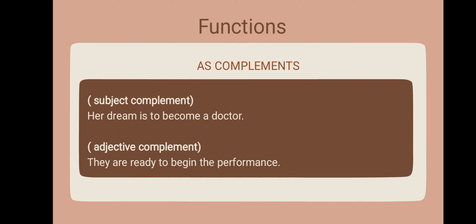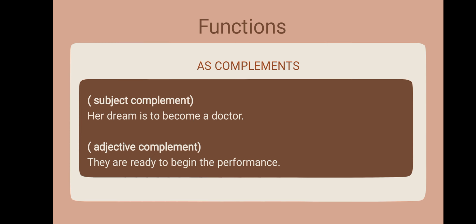As you see, to infinitives can be used as subject complements after linking verbs and as adjective complements. Take a look at the examples. Subject complements. If the infinitives act as subject complements, they describe, define, or identify the subject.